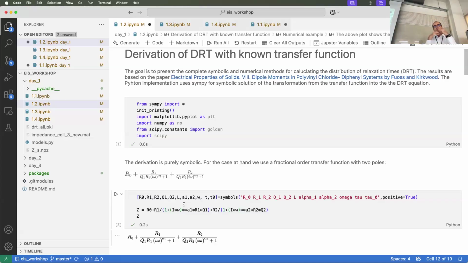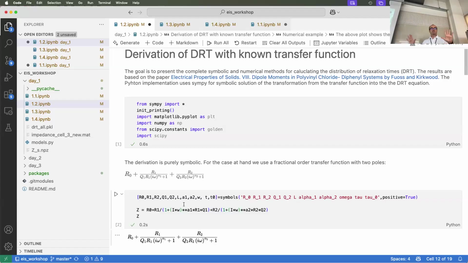And there are even more bizarre cases where a person published, have a measurement of impedance. It's okay, the measurements are valid. Assumed equivalent circuit model of 3 RQ elements, and then draw a DRT with 5 peaks.